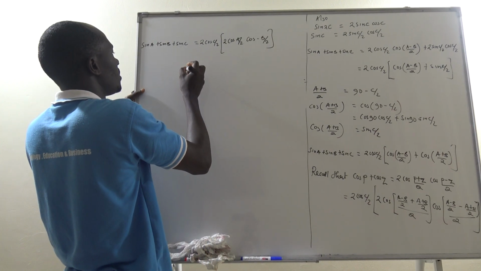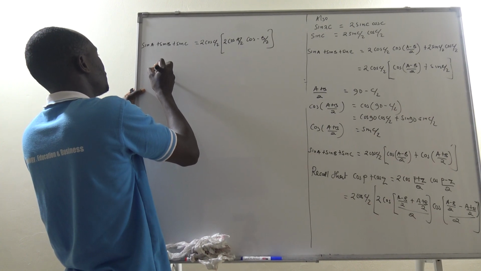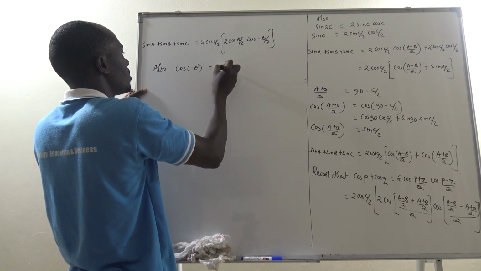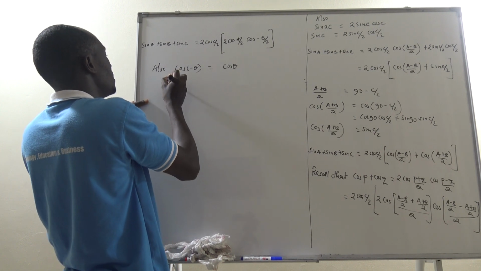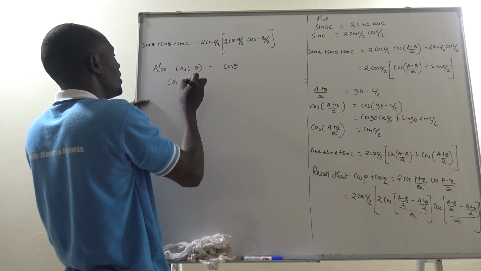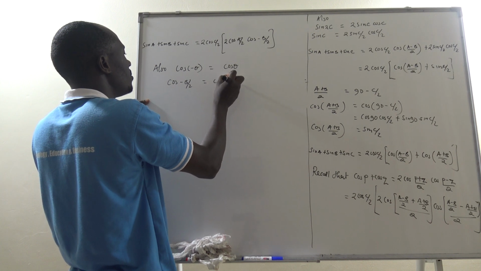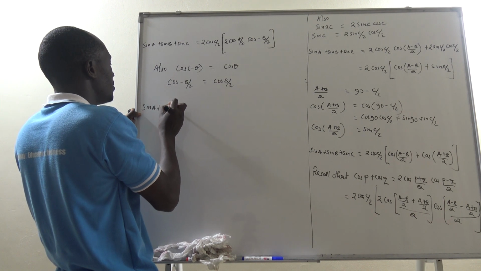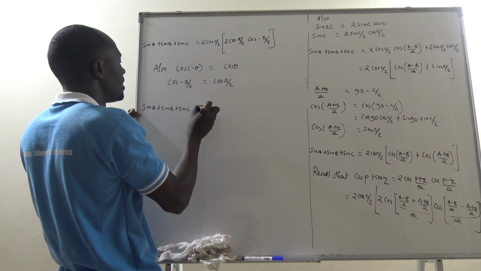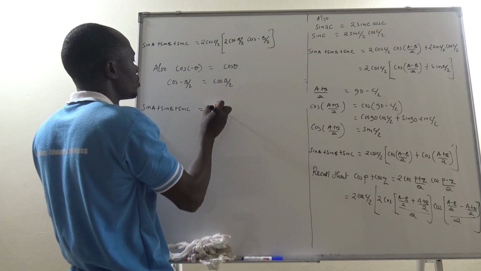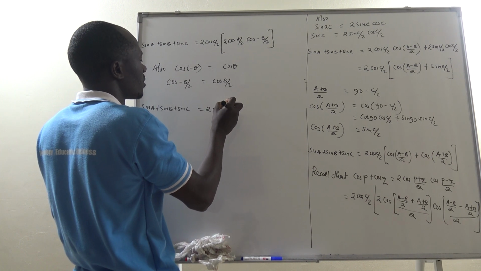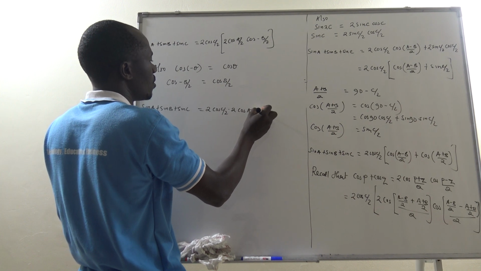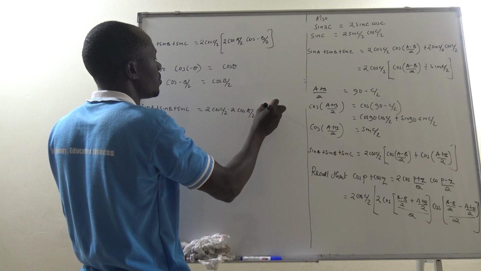So this becomes also, cos of a negative angle, we said, is the same as cos of a positive. It implies cos of negative B by 2 is the same as cos B by 2. So we write sin A plus sin B plus sin C is the same as 2 cos C by 2 times 2 cos A by 2 cos B by 2, where the negative remains as positive.